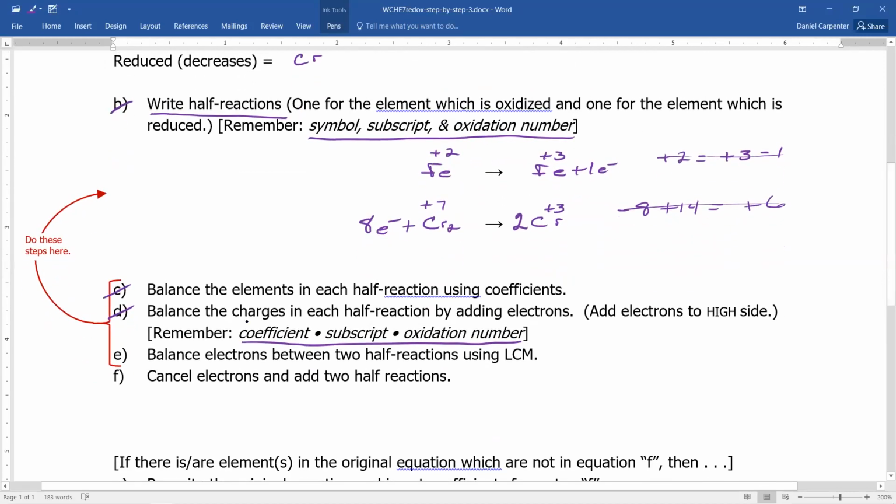Now, step E, balance the electrons between the two half reactions using the least common multiple. So, least common multiple of 1 and 8 would be 8.